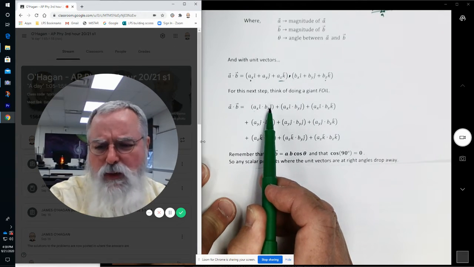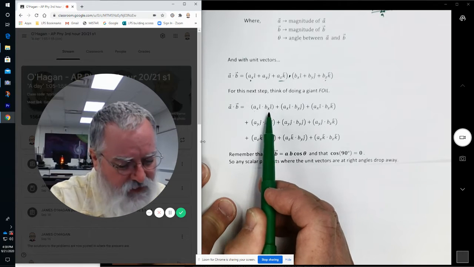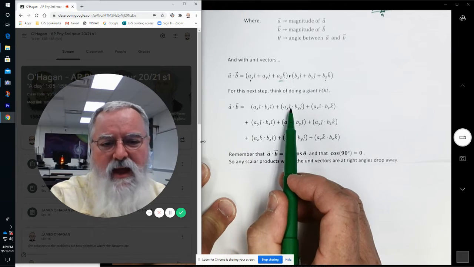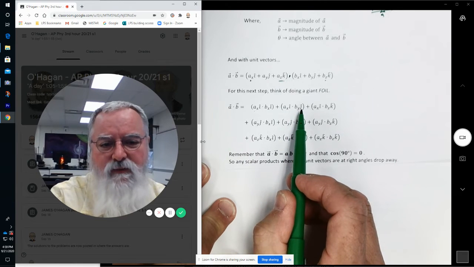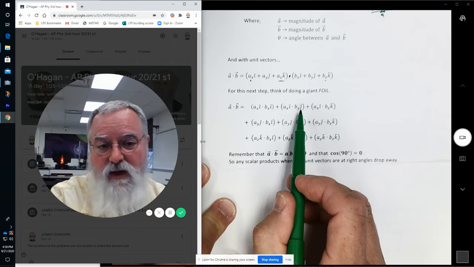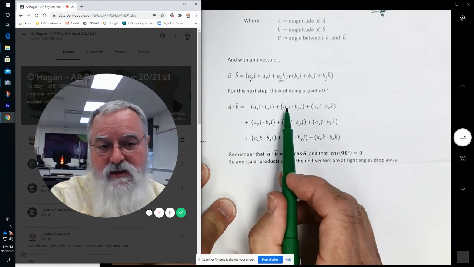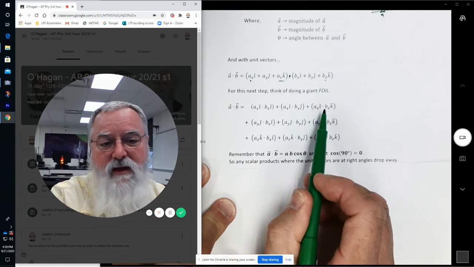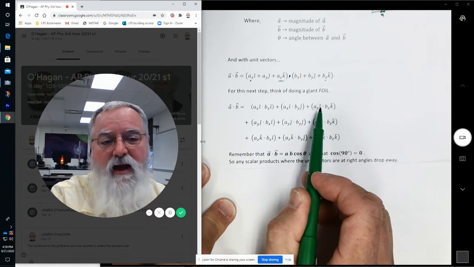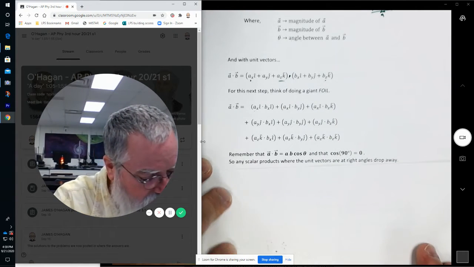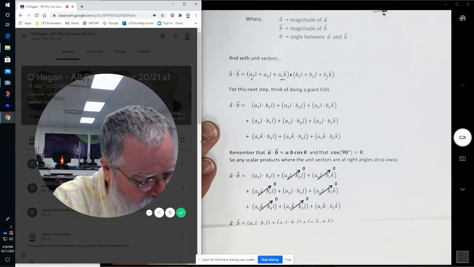I don't think so, so this does not drop away. But AX in the i dot BY in the j: i is the x direction, j is the y direction, those are at right angles, so this drops away. AX in the i dot BZ in the k: the i and the k are at right angles, so they drop away too. So when you do this, here's what you end up getting.